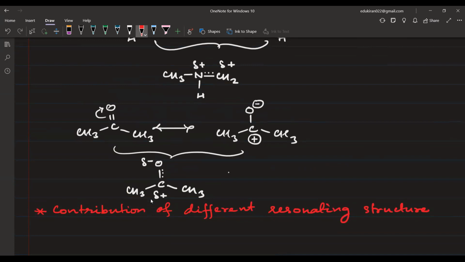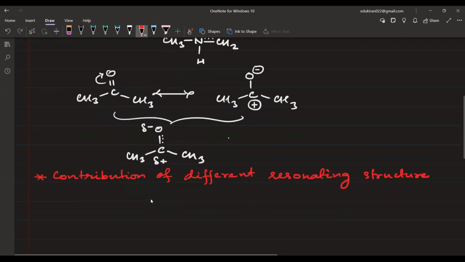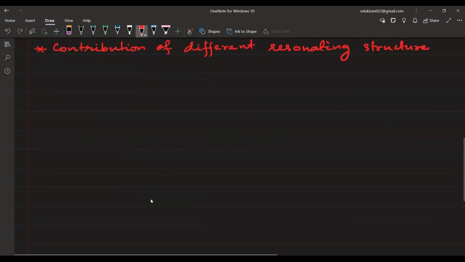All the resonating structures have some contribution towards the resonance hybrid, but the contribution of each resonating structure is not equal. Okay? So what are the factors that cause the different types of contribution for different resonating structures? We will look at that first.